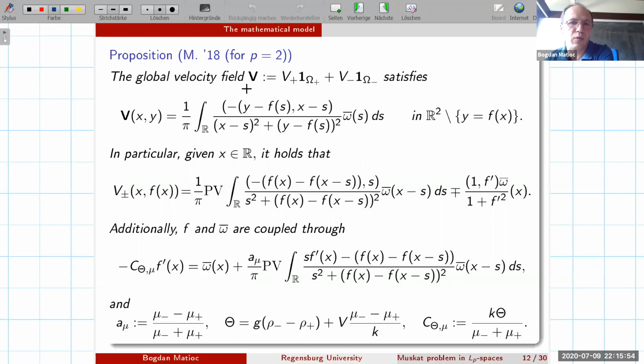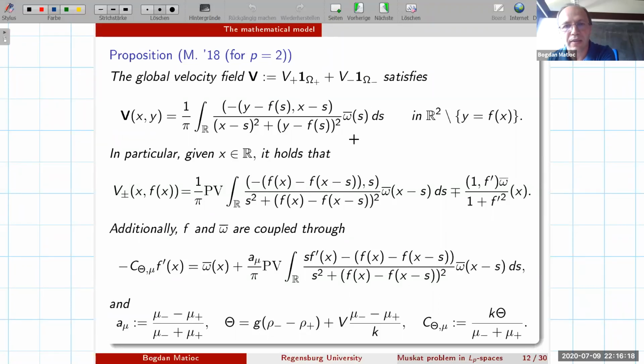So consider the global velocity field bold v, which is obtained by gluing v plus and v minus on this common interface y equal f. And then the result says that the velocity field is defined by this integral, where the kernel depends on f, and we have the function omega bar here.